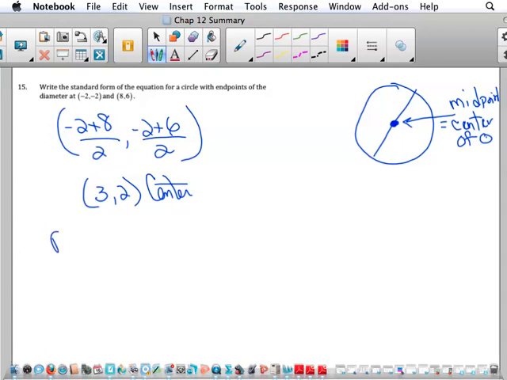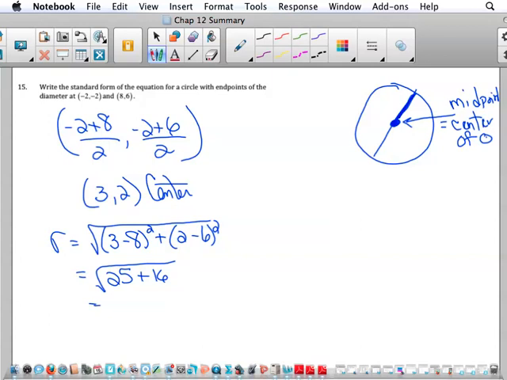Then I need to find the radius. The radius, remember, is from the center to one of the points on the circle. So we'll pick 8, 6. So we have to use the distance formula. The square root of 3 minus 8 squared plus 2 minus 6 squared. So 3 minus 8 is negative 5. Negative 5 squared is 25. 2 minus 6 is negative 4. Negative 4 squared is 16.